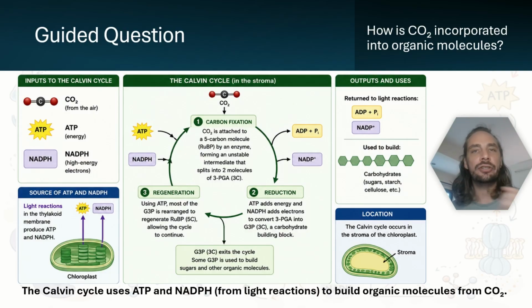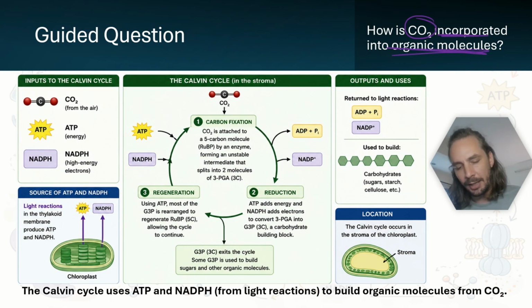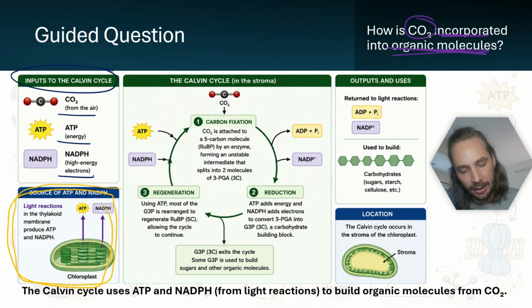Now, the guided question I want you to keep in mind today as we go through this lesson is, how is this carbon dioxide incorporated into organic molecules? So we've already learned about the inputs of the Calvin cycle, which are carbon dioxide, ATP, and NADPH. And remember, ATP and NADPH come from the light reactions.